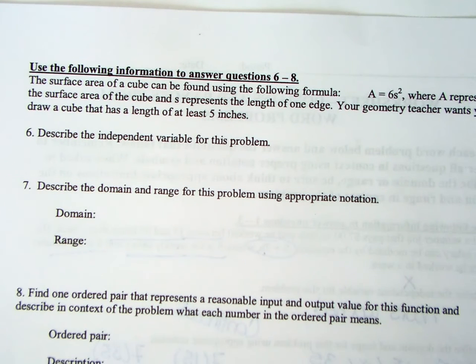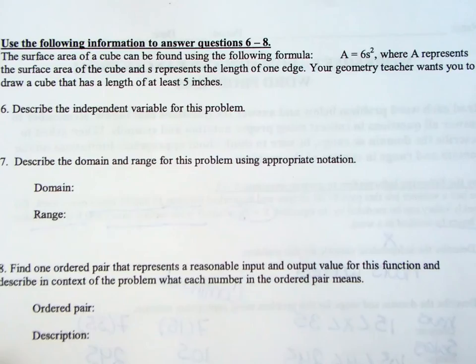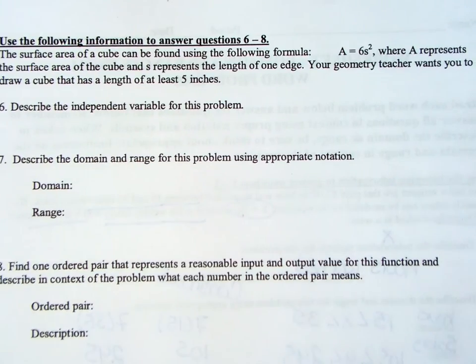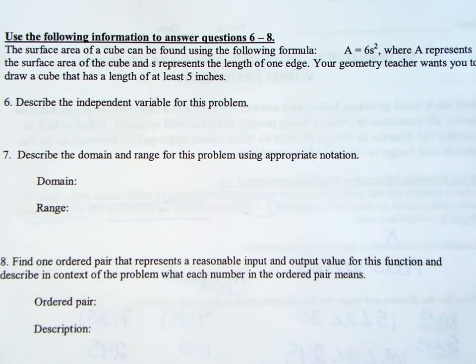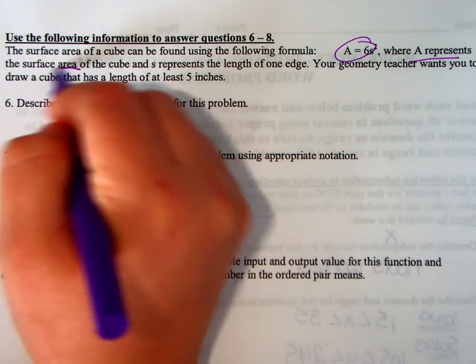Alright, so this problem is very similar to the one from yesterday. So, go ahead. Who wants to read this one? The surface area of a cube can be found using the following formula. A equals 6s squared, where A represents the surface area of the cube and S represents the length of one edge.